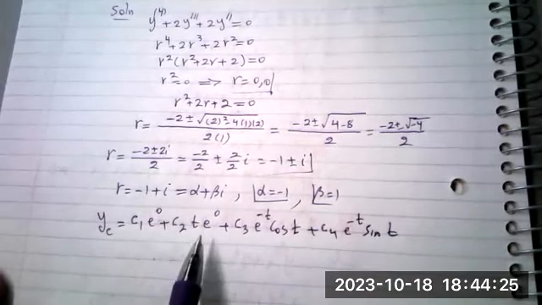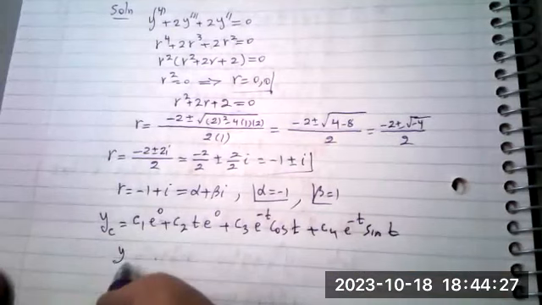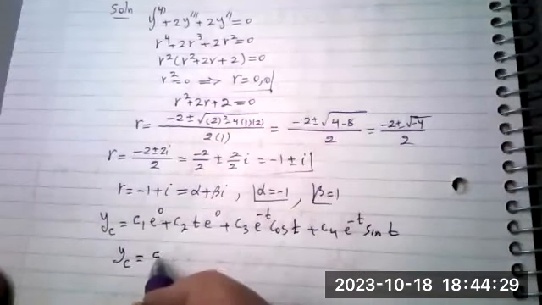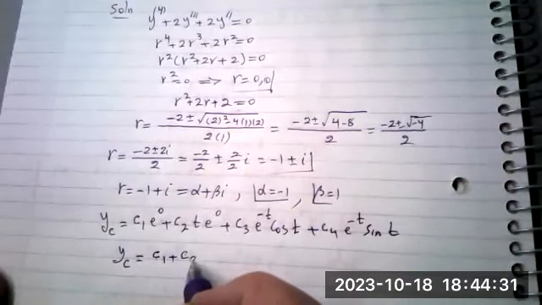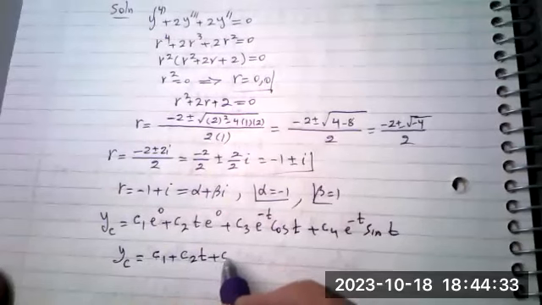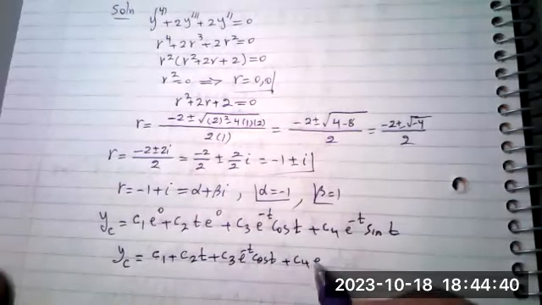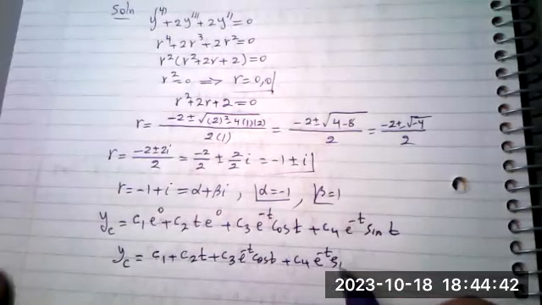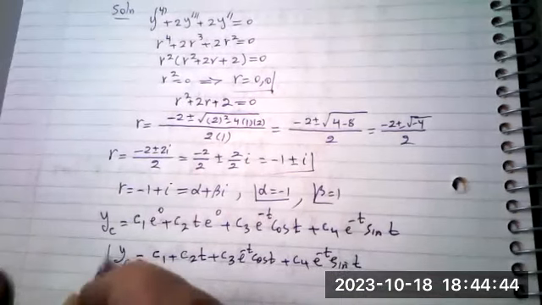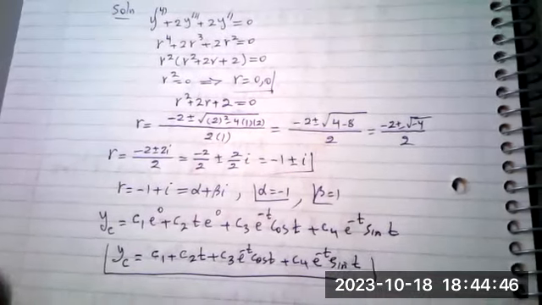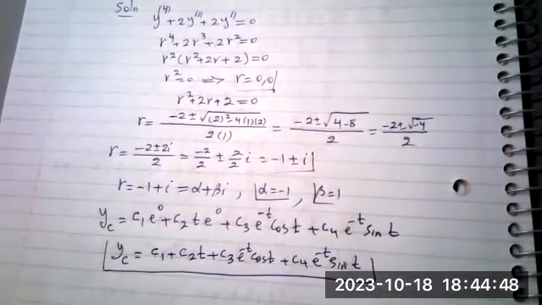So e to the 0 would be 1, so yc is c1 plus c2 t plus c3 e to the -t cosine of t plus c4 e to the -t sine t. So that would be yc, the homogeneous one. Any question?